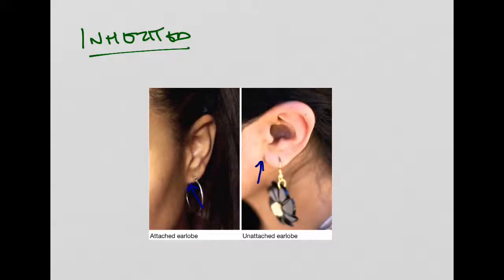That is, unattached earlobes is dominant to attached earlobes, and it's a single gene or a single allele that determines that. So I suppose if we're talking about earlobes, it's very useful to use Mendelian genetics to figure out whether or not your children will inherit your attached or unattached earlobes, if you consider that sort of thing to be useful.